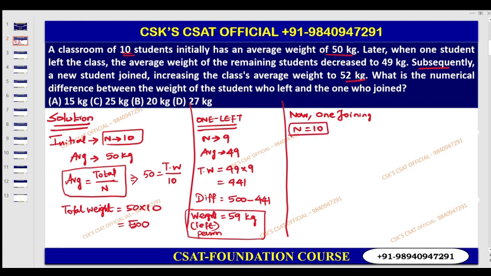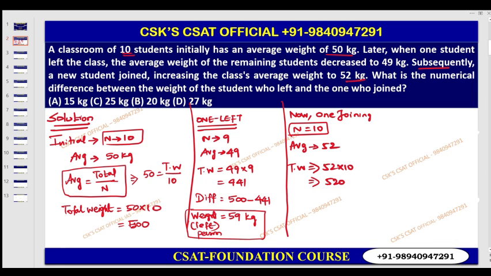Then what happens here? The average becomes 52. Right, the average becomes 52. So then the total weight here is equal to 52 into 10, 520. So before joining, what would be the total for the 9 students? For the 9 students, 441.